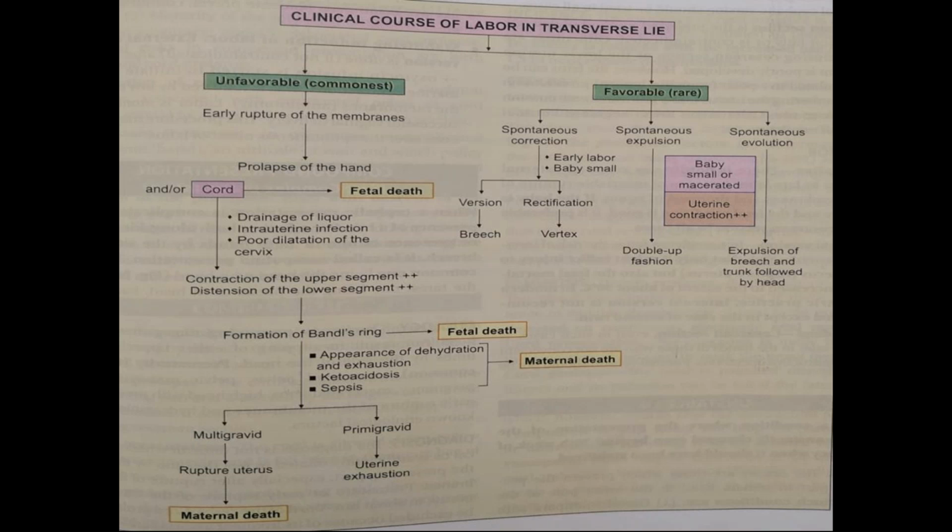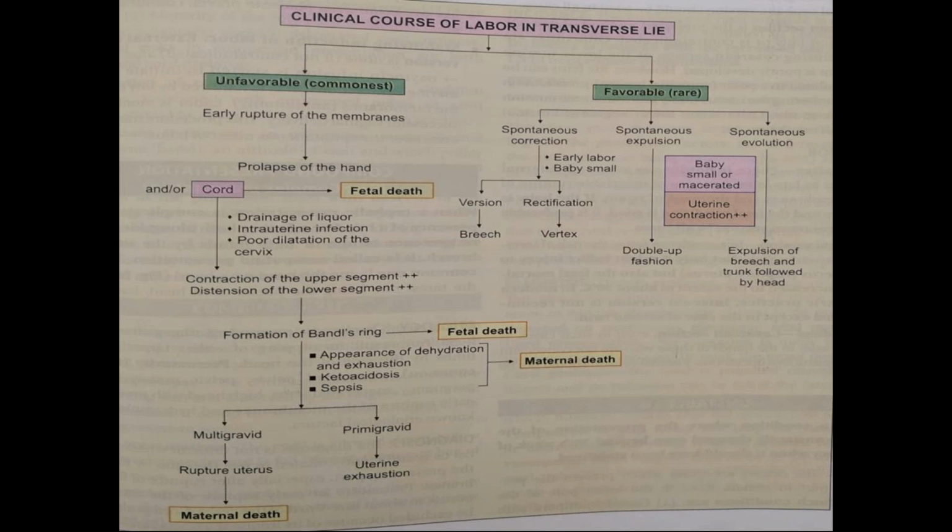So neglected shoulder presentation, baby dead, mother is in obstructed labor with Bandl's ring, with all signs of maternal distress, always abdominal delivery in the interest of the mother. At least we have to save the mother instead of doing all those. Then if it is dorso-posterior, they used to do even evisceration.